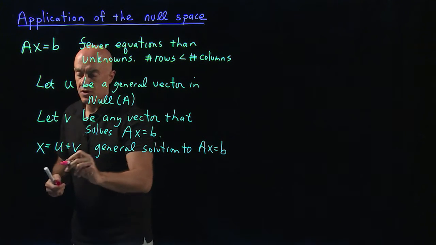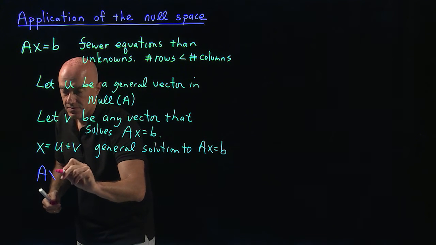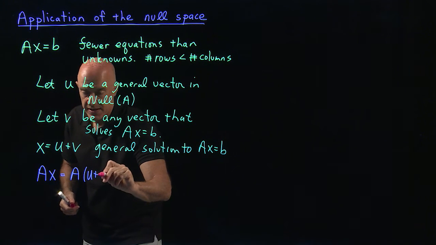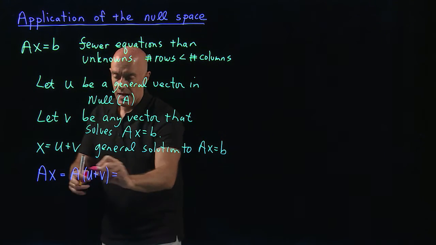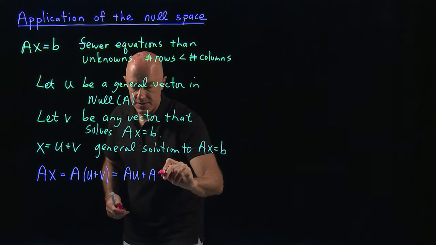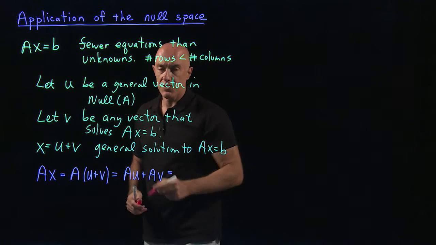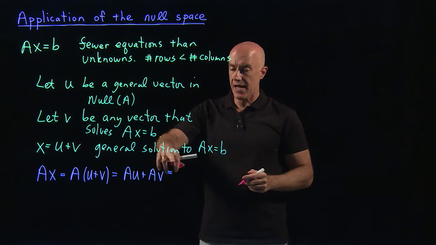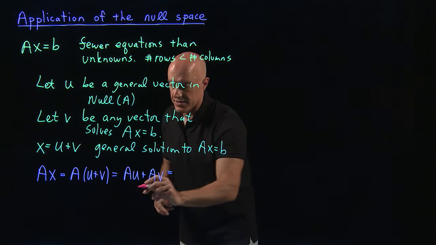A times x is equal to A times (u plus v), and that's equal to A times u plus A times v. u is in the null space of A, so A times u equals 0.